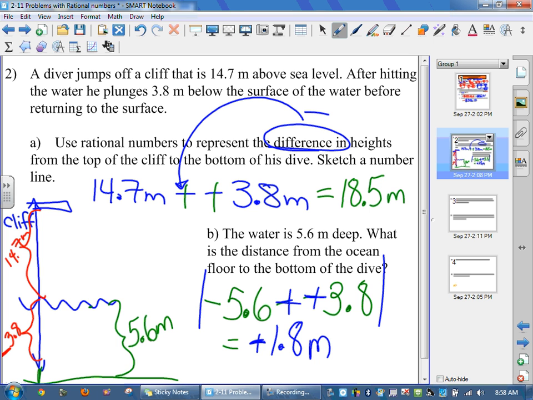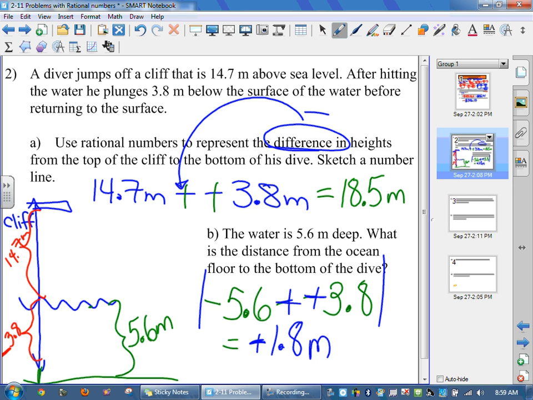And remember, distance can never be negative. The reason it was negative is because we were underwater. That's all the negative sign showed us there. So our difference is 1.8. From the bottom of the dive to where he was in the water, he had to go another 1.8 meters to touch the bottom of the ocean. Does that make sense? That's how far he was from the bottom.